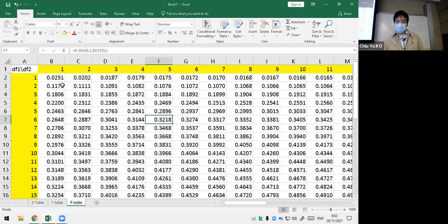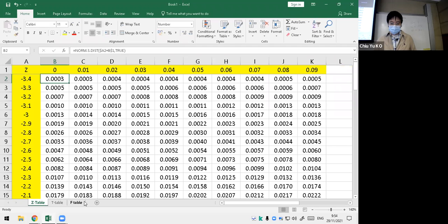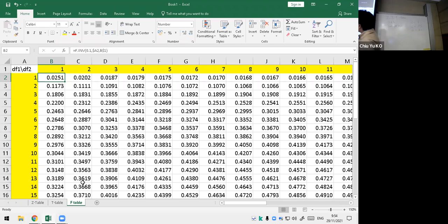Do know that there's a slight difference between T, F and Z. T and F use the inverse, and Z uses the norm. Of course, if you like, you can also do Z in the inverse form. You can just look at the critical value, which is also fine.